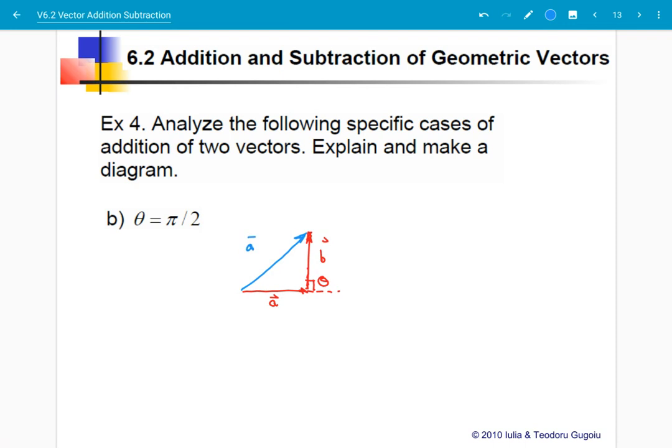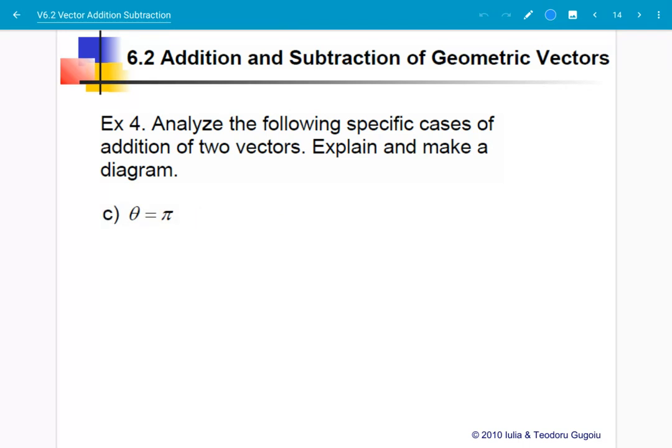Well, it's a 90-degree triangle, so the magnitude of A plus B is simply the square root of the magnitude of A squared plus the magnitude of B squared. And the angle, let's say alpha, tan alpha is simply the magnitude of B over the magnitude of A, SOHCAHTOA, tan, opposite over adjacent. There we go.